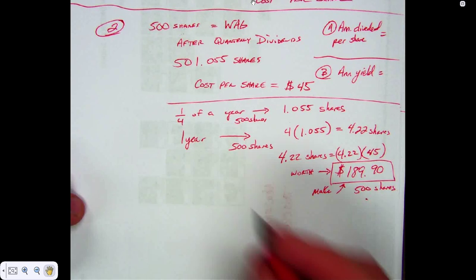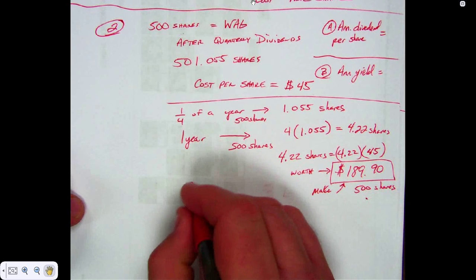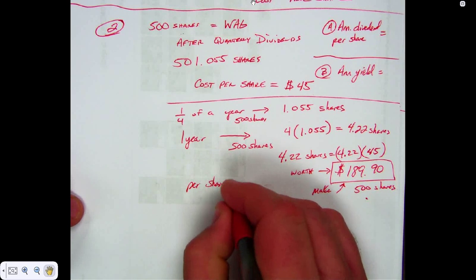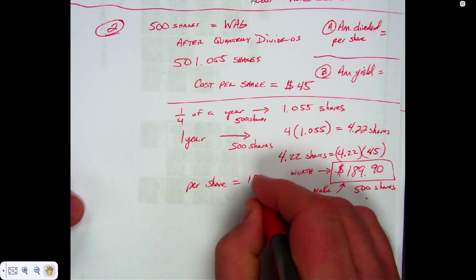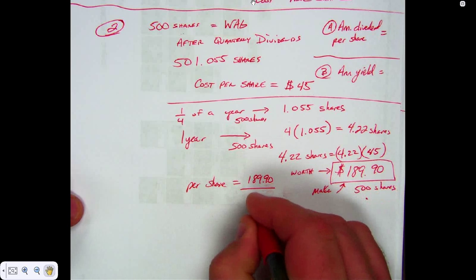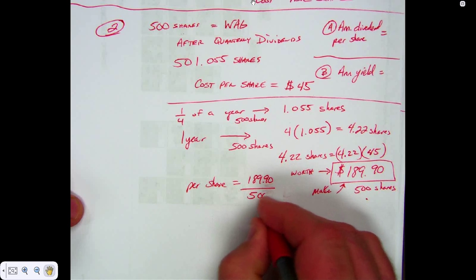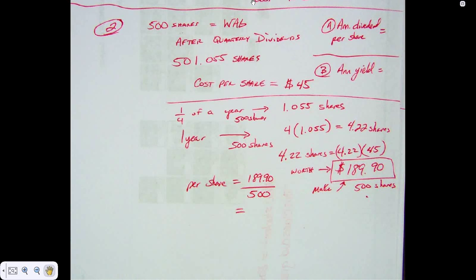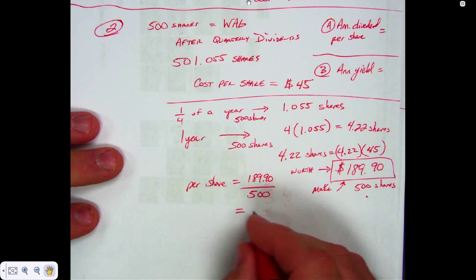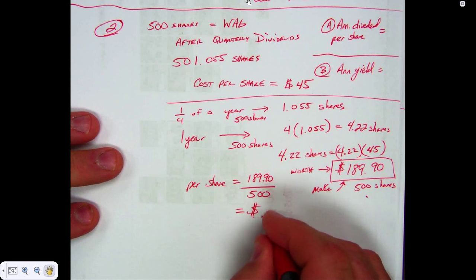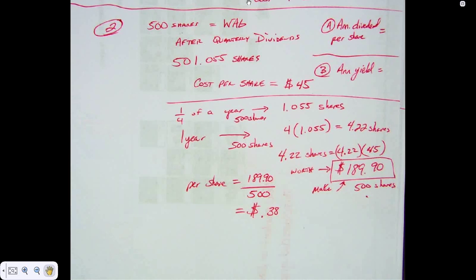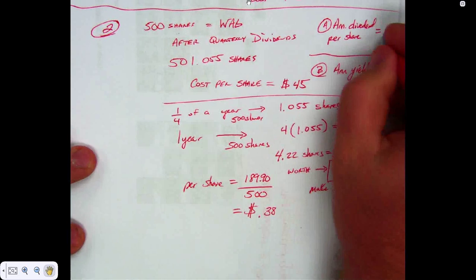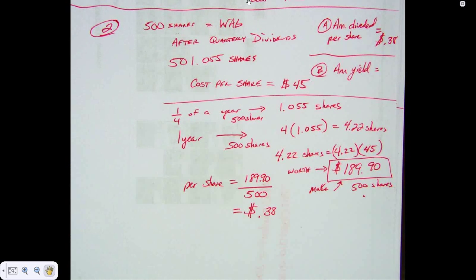So if we want to know how much you make per share, I take $189.90 and divide it by 500 shares. What do you get? Basically, you get 38 cents when you round it, right? That's your dividend per share. You get 38 cents per year.